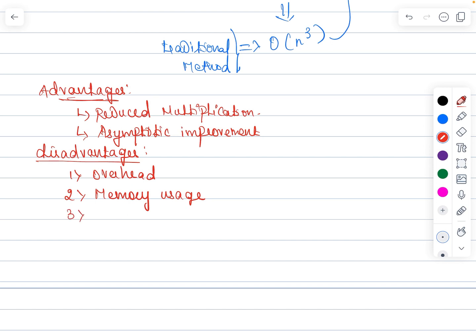And the third one is complexity of implementation. Strassen's algorithm is more complex to implement correctly, especially handling edge cases when n is not a power of 2, as I told you now.